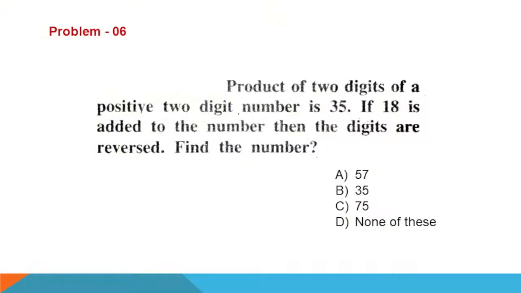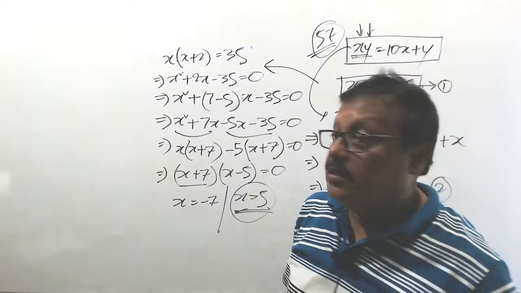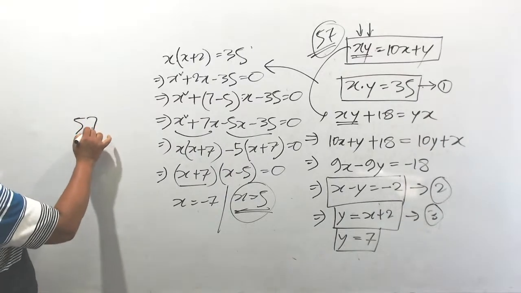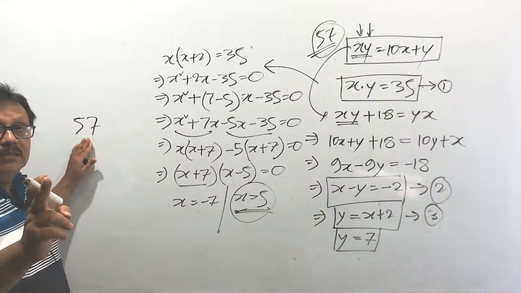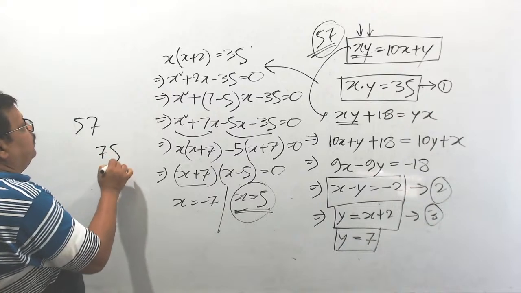Next problem. Similar pattern. A two digit number contains the smaller of the two digits in the units place. The number will not be like 57, but like 75.